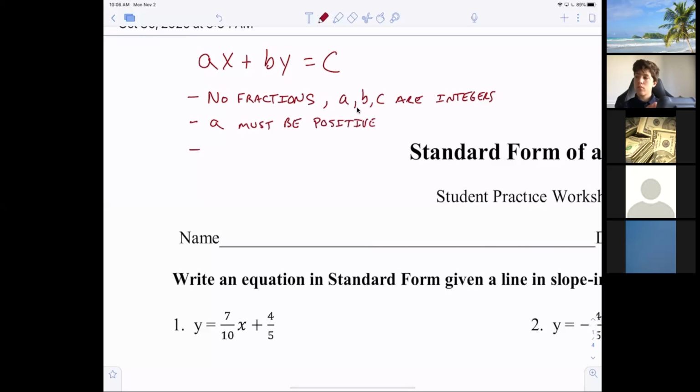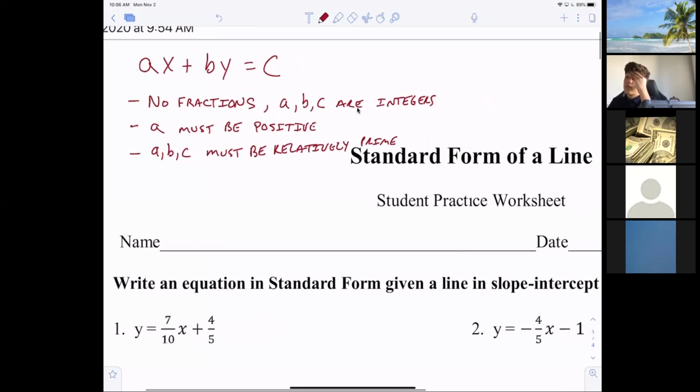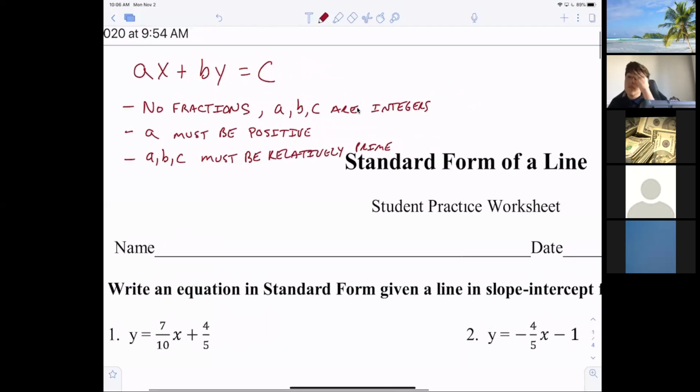And the third fact is that A, B, and C must be relatively prime. For those of you who forgot what relatively prime means, it just means that they can't have common factors.